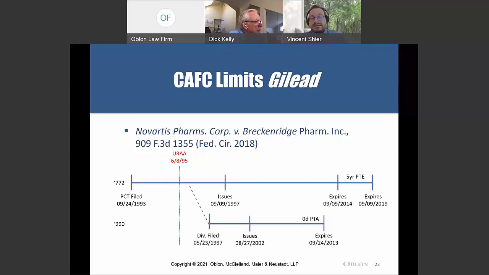And the subsequent case was a divisional of the parent, has the same common lineage tracing back to the same effective filing date. And that patent issued later, the second patent issued later, but it expires earlier. The scenario is very similar to what was in Gilead, but with a very important distinction.